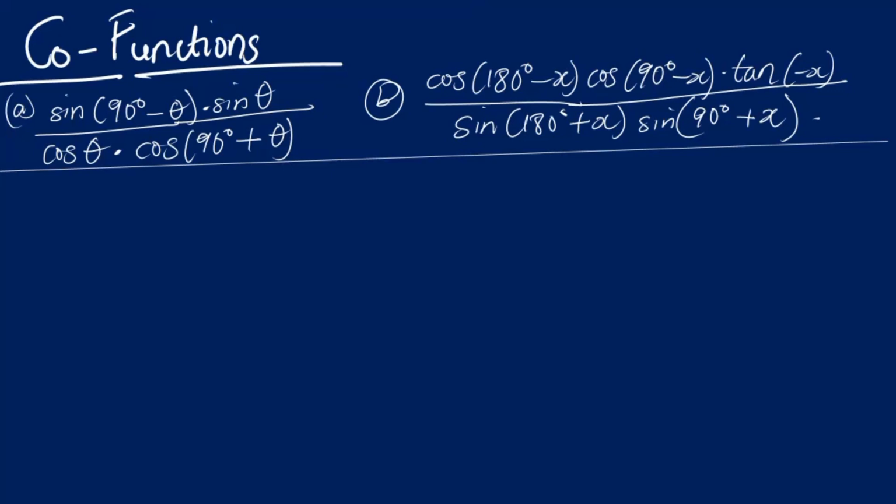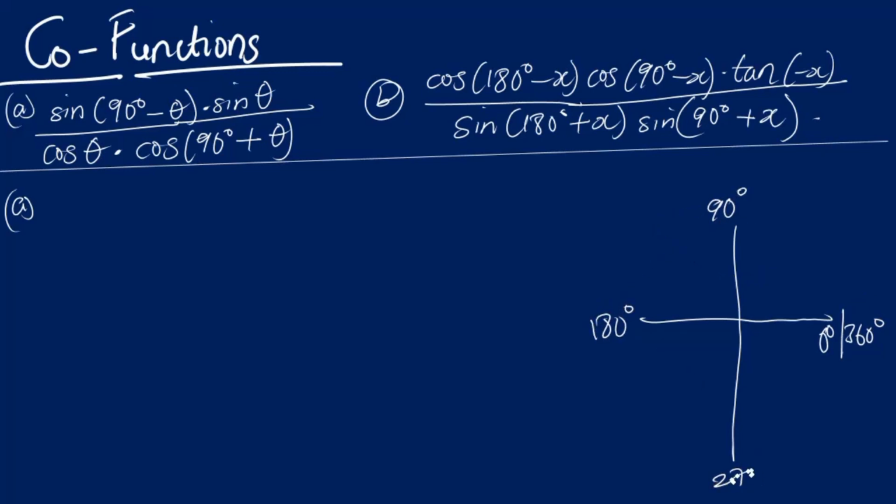So here are some activities regarding cofunctions and everything we've done so far. Let's get straight to it. So here we have sine. We need a diagram, guys. 0 degrees and 360 degrees. I have 90 degrees here. I have 180 degrees. I have 270 degrees. This is my CAST.